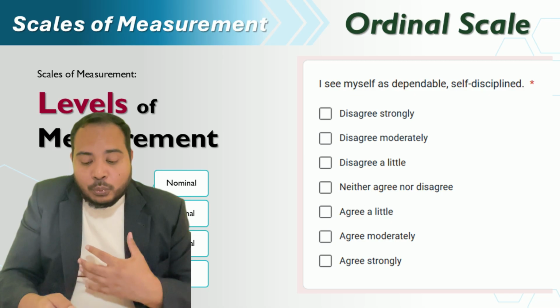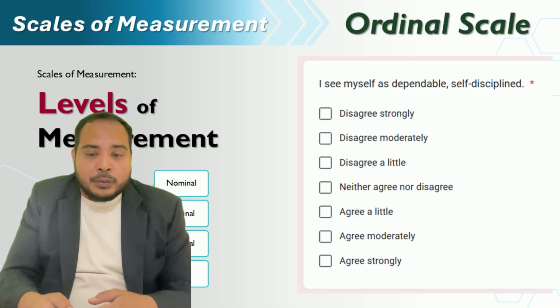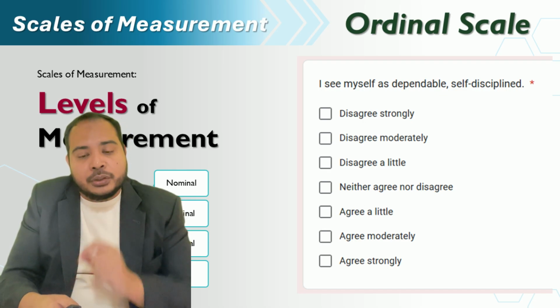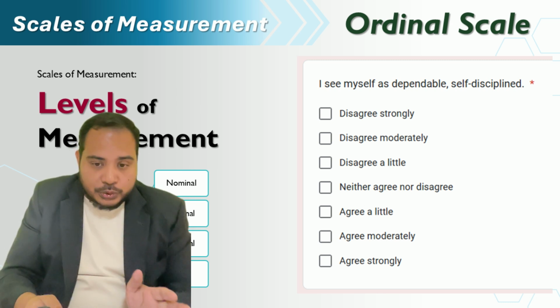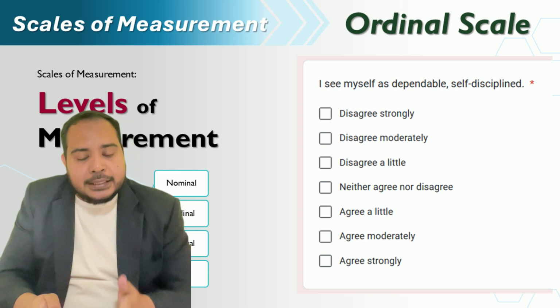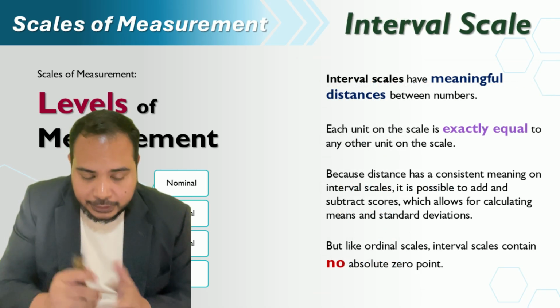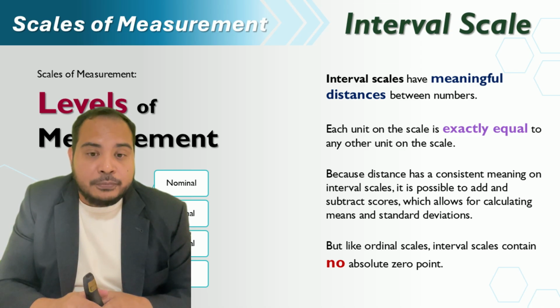What we are allowed to do is actually related to interval scales, whereby instead of analyzing item by item levels, we should look at the overall score for the whole scale. So this leads us to the discussion of interval scale. What is an interval scale? An interval scale has meaningful distances between numbers.